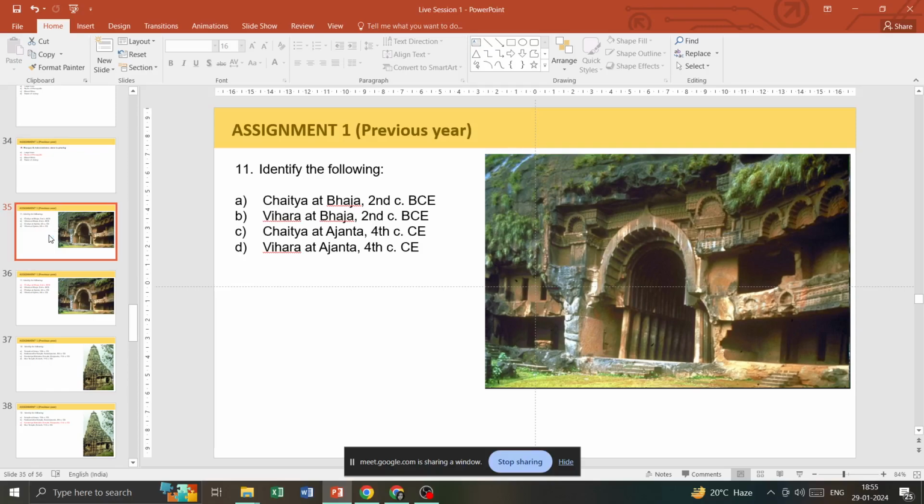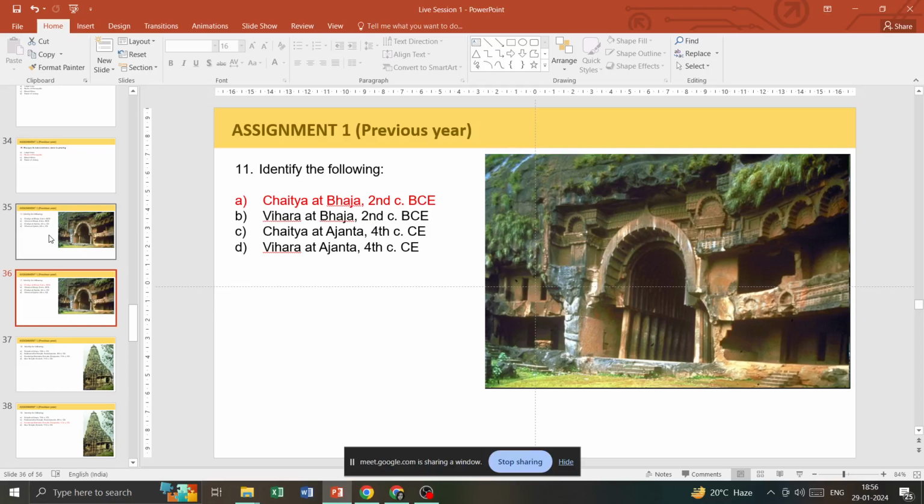So this is actually the Chaitya at Bhaja. It is a hall which is around 17 to 18 meters long and 8 meters in width, and it is a really huge cave. It is one of the earliest surviving Chaitya halls, and it was constructed around the 2nd century BCE.